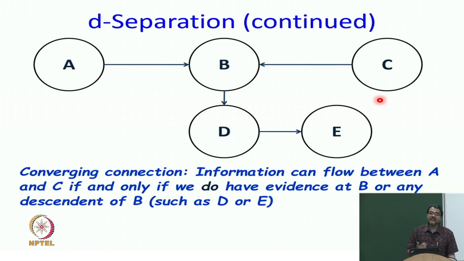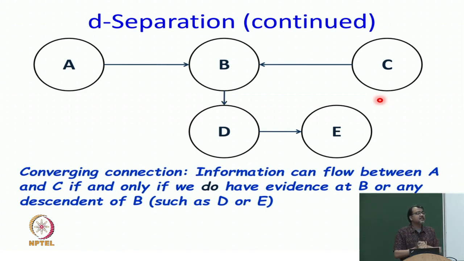The rule for converging connection is slightly tricky. So, we will look at A, B, C. A and C are both parents of B, but B has its own children also, let us say D, E and so on and so forth.